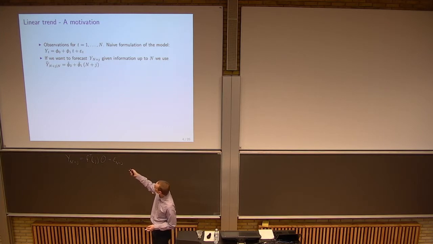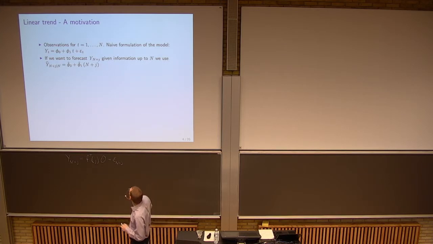The difference here is that this is stated with t rather than N plus j. That's the main difference. So, what we want to say is, well, we want to make predictions out in the future, given observations up to the current time. We can do it like that.